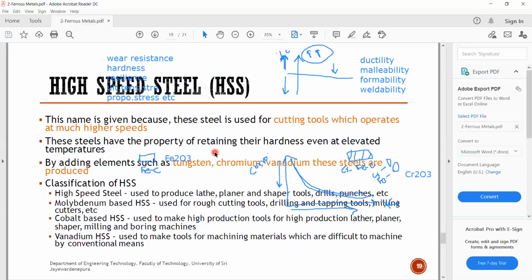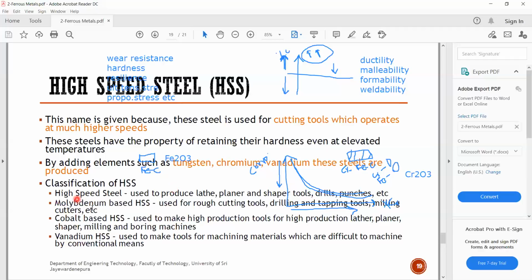And again, if you add one or more alloying elements or non-ferrous metals like tungsten, chromium, or vanadium, then you can classify this high-speed steel further, right?